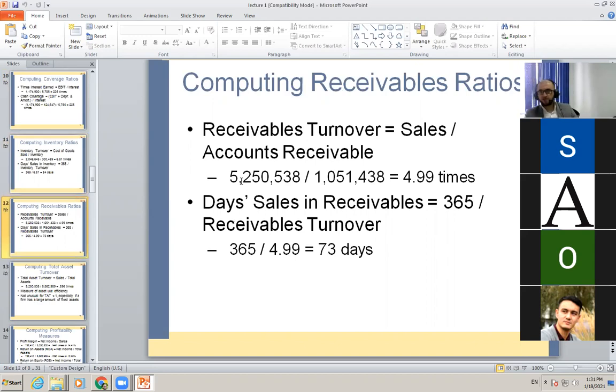Apart from that, we have receivables, goods and services that have been sold on a credit basis and that we are planning to collect the money for, like receivables turnover and days' sales in receivables, how long it takes for you to receive the money.